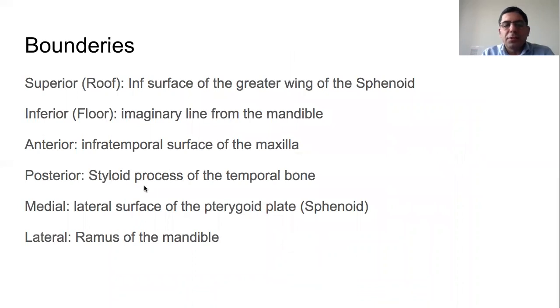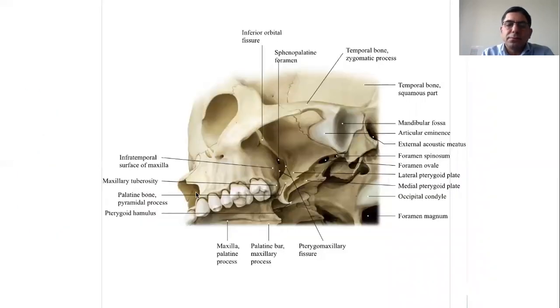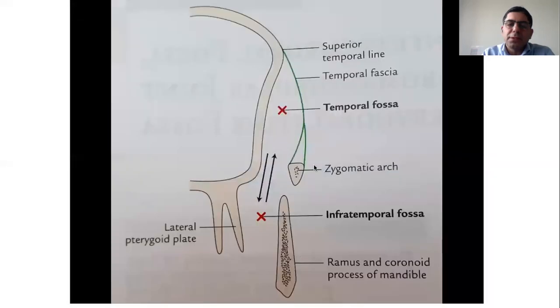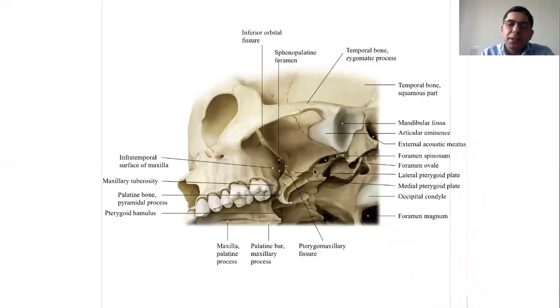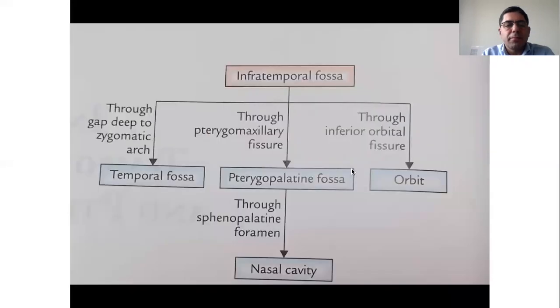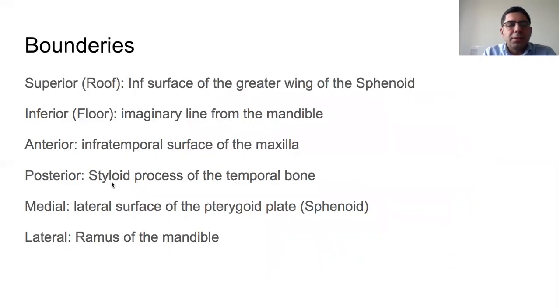Posteriorly is the styloid process. Where is the styloid process? It's somewhere here. Yeah, styloid process, to the maxilla. A line from the mandible, but at the top is the surface of the greater wing.